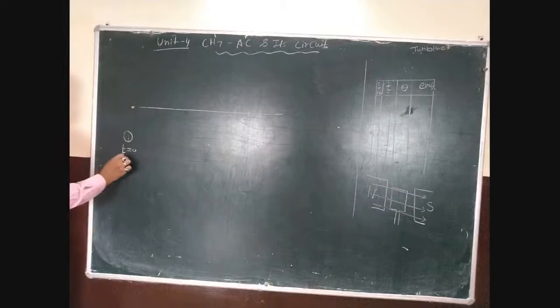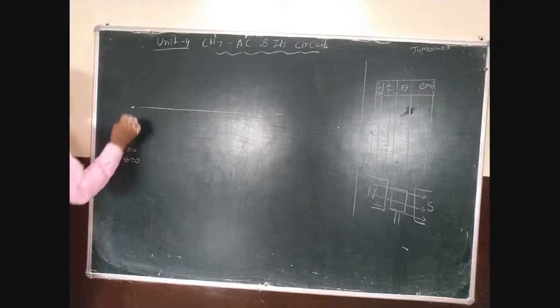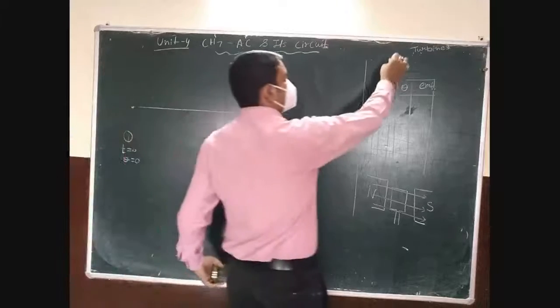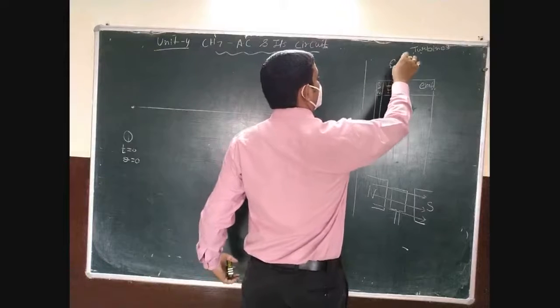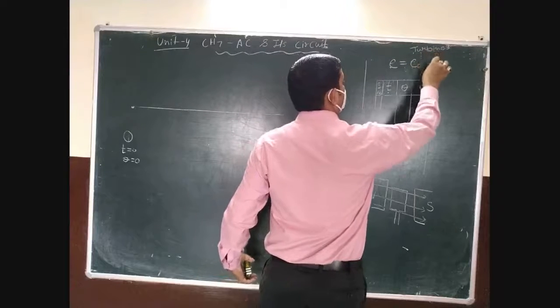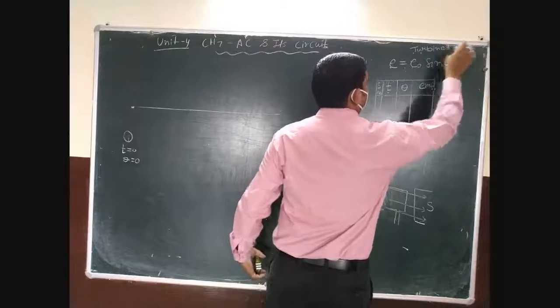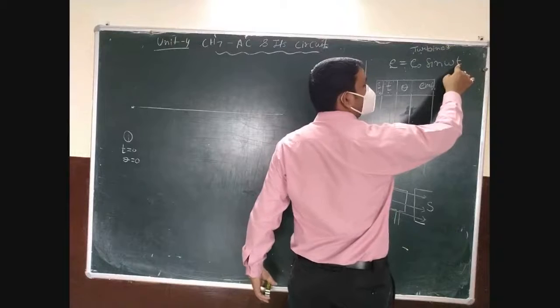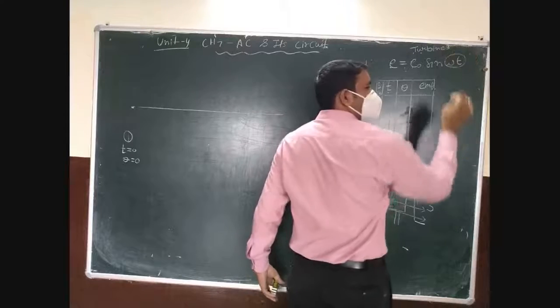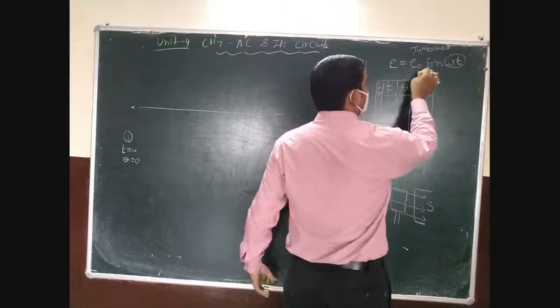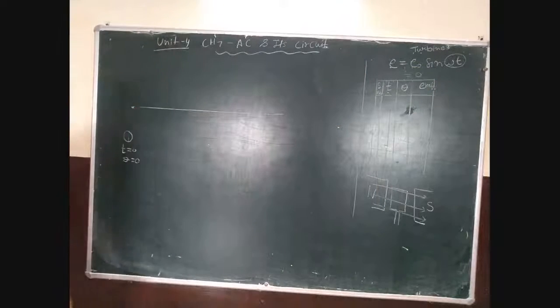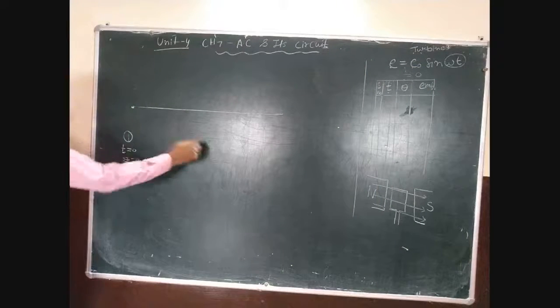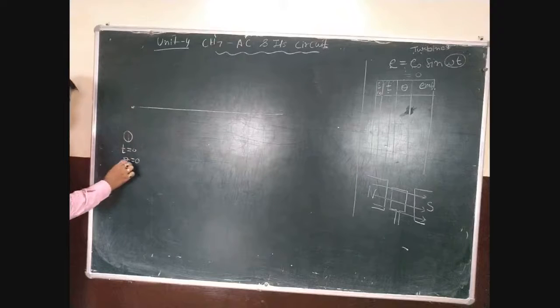That means theta is 0, and we find from this equation E is equal to E naught sin omega t, when we put t equal to 0, this becomes 0 and the total value becomes 0. Understood? So we get the EMF is also 0.